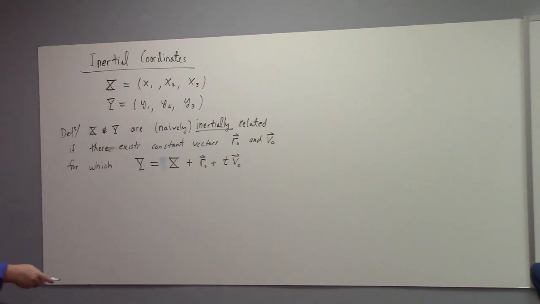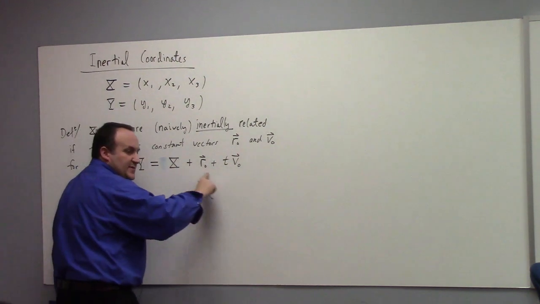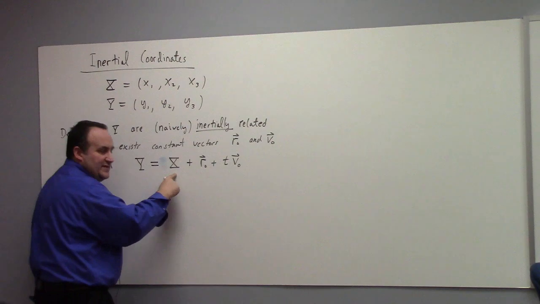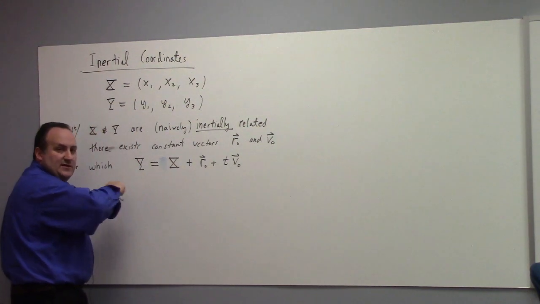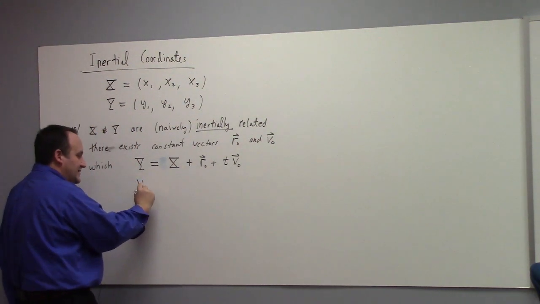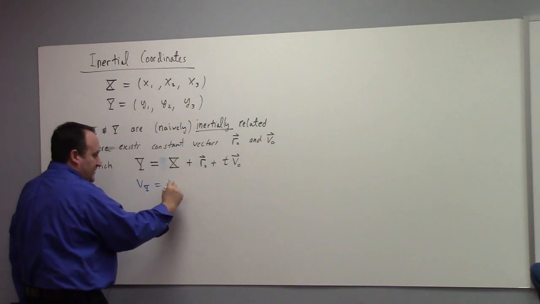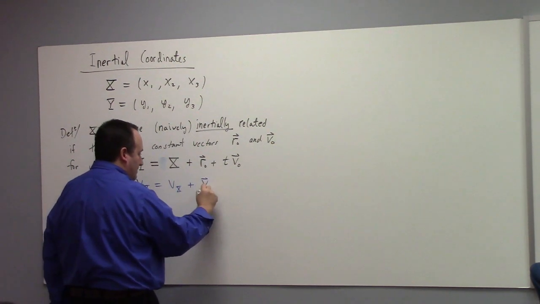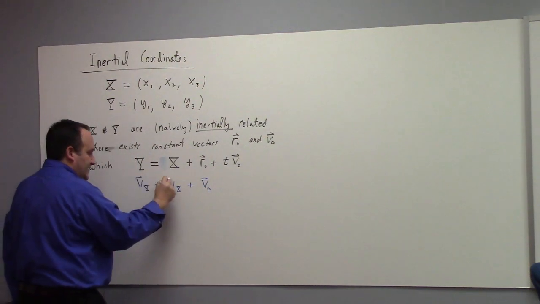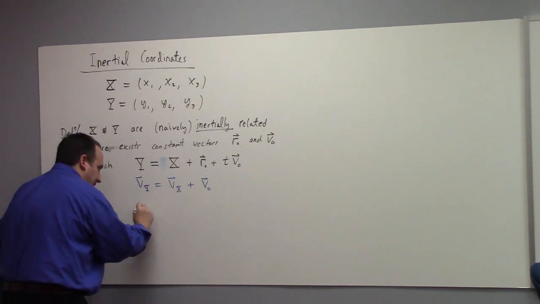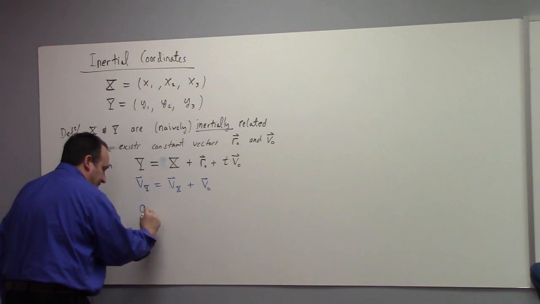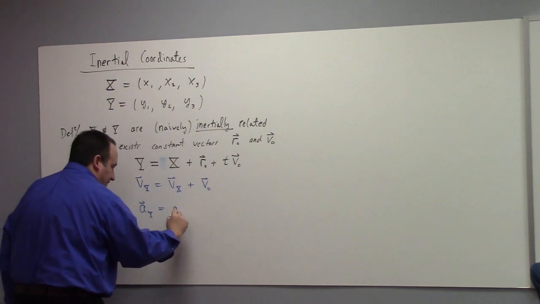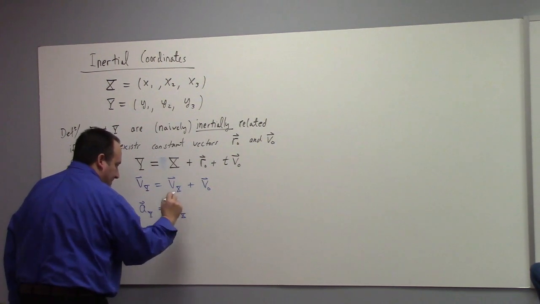And if that's the case, so if this is the relation between the position vector in y and the position vector in x, then you can differentiate this, and it gives you the velocity in the y system is equal to the velocity in the x system plus, well, v naught, right? And I probably should put a vector on these. And then if I differentiate again, I get the acceleration in the y system is equal to the acceleration in the x system, right?